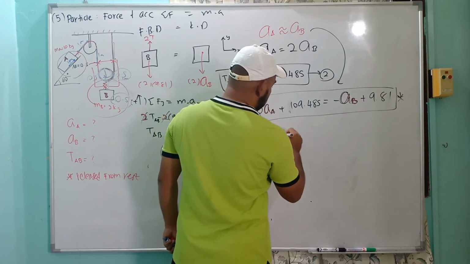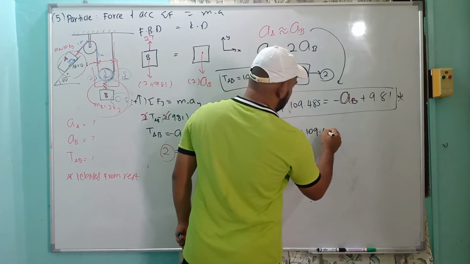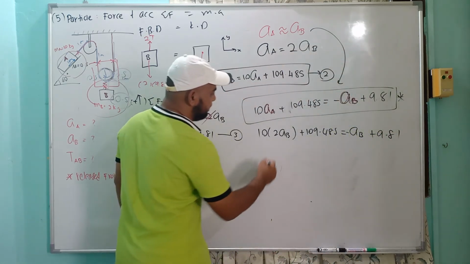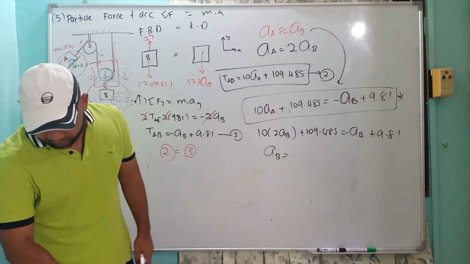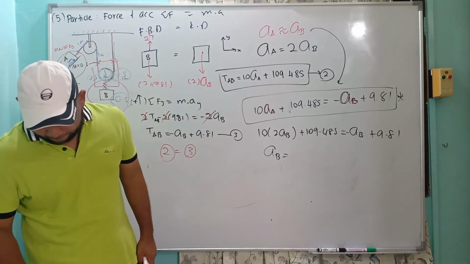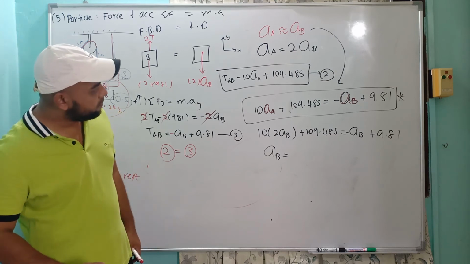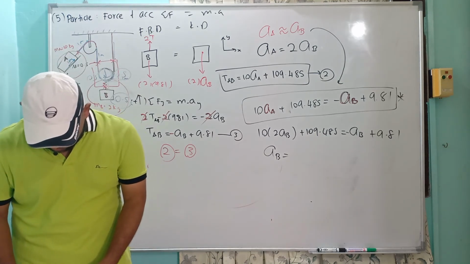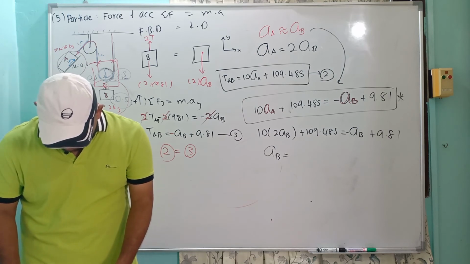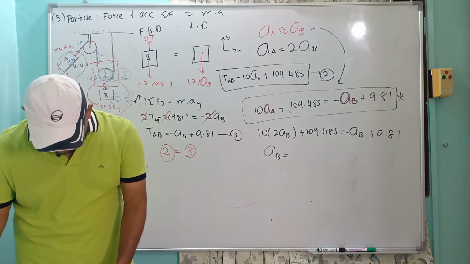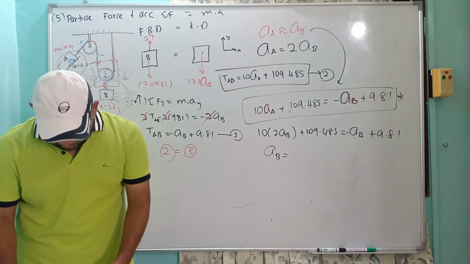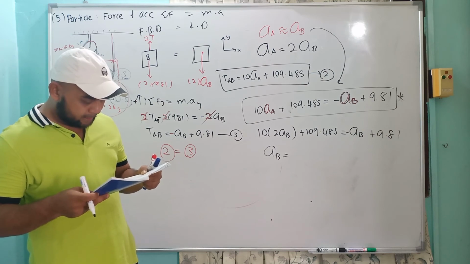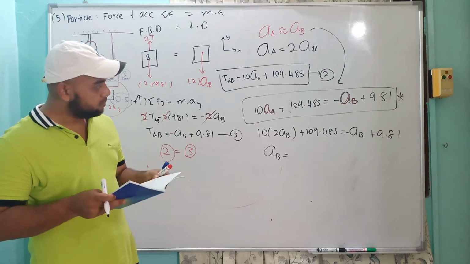So 10 times 2AB plus 109.485 equal to negative AB plus 9.81. Now we only have one unknown, AB.